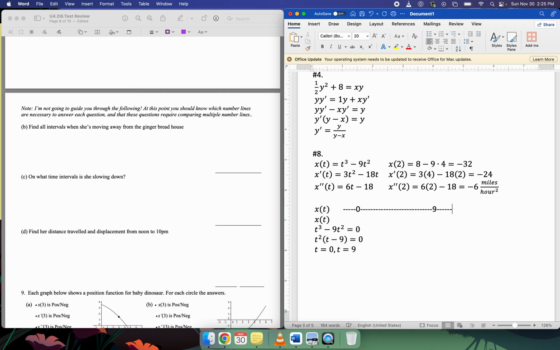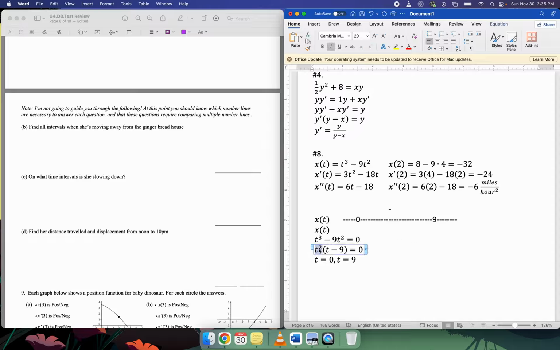Okay, let's do a test point. I like 1. I can't do 0 because 0 is a boundary point, but I can do 1. If I plug in 1, I get 1 cubed minus 9 times 1. That's going to be a negative number, which means that the position is negative in this region. You could do test points for the other regions, but I'm going to use multiplicity. 0 comes from the t squared.